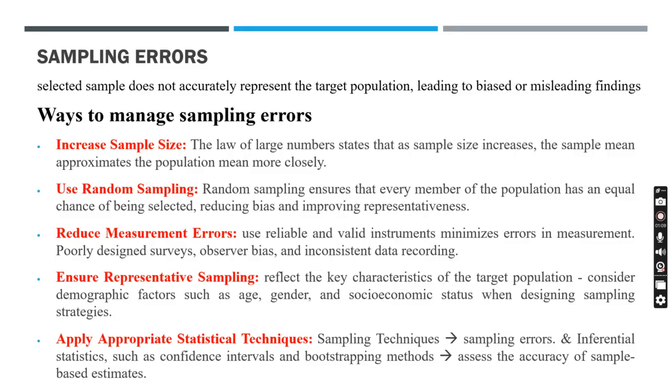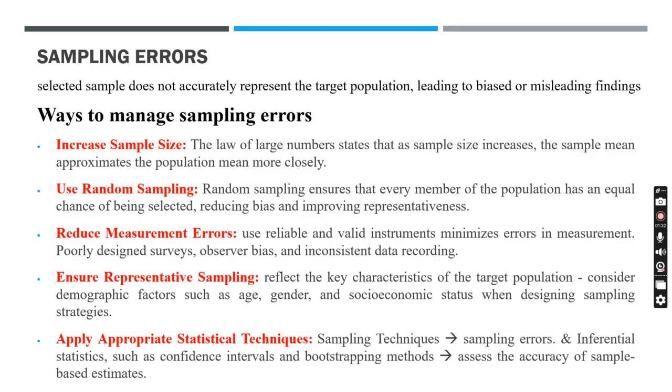We have around 5 different techniques we can use. The first is the sample size, as they say, the law of large numbers. As sample size increases, the sample mean approximates the population mean more closely.